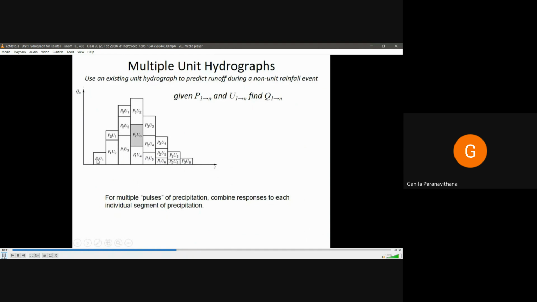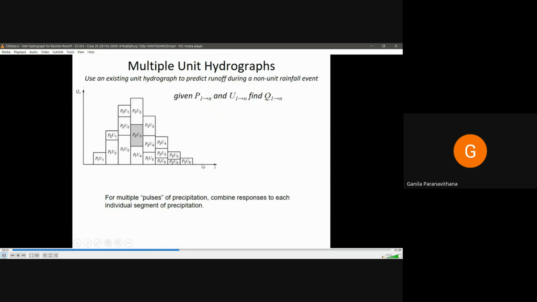So you'll notice there's P1, P2, P3. And then the U here is referring to what the watershed does during the first hour, the second hour, the third hour. So this formula probably doesn't make a lot of intuitive sense yet, but it will when we start doing things with the spreadsheet.